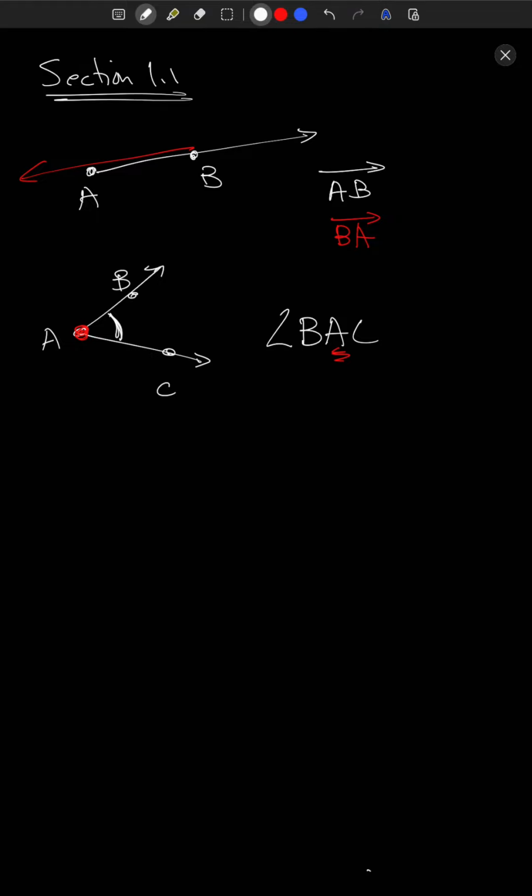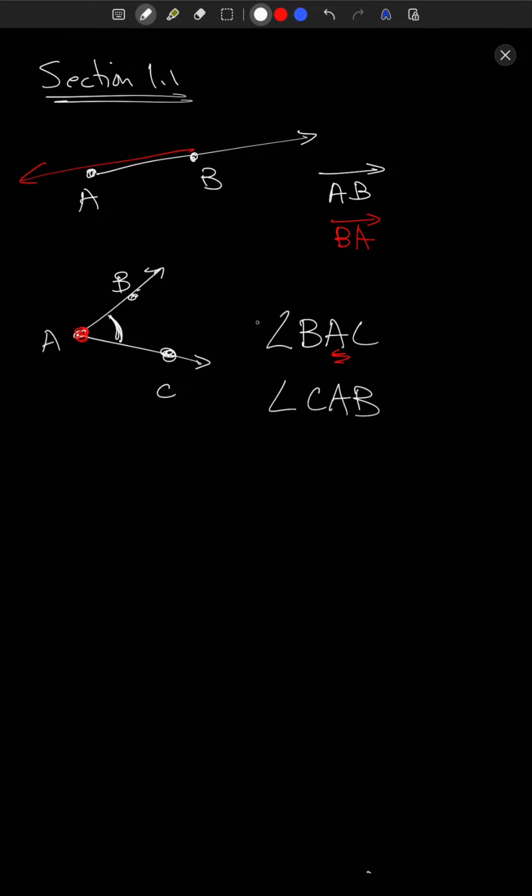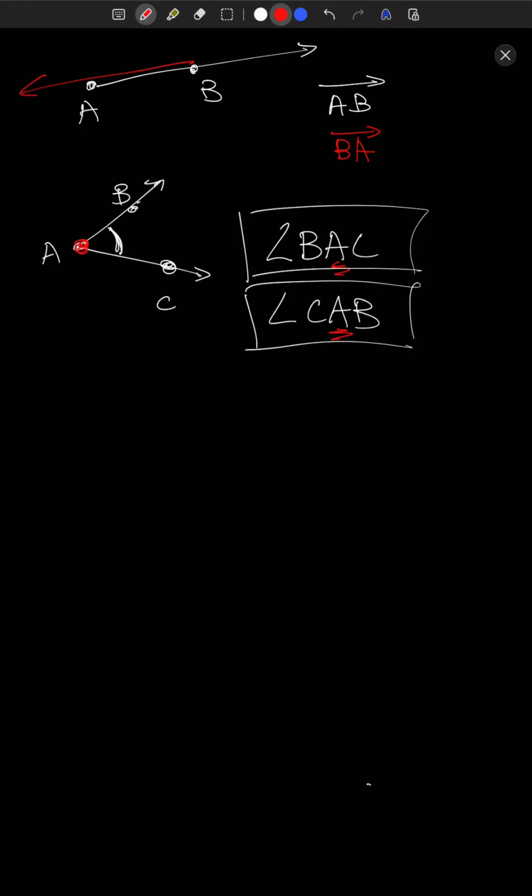If we also look at the angle CAB, that would be CAB. Typically when we use this kind of angle notation, the order doesn't matter. And of course, the middle guy is still always the vertex.